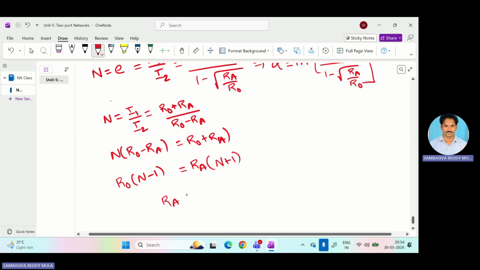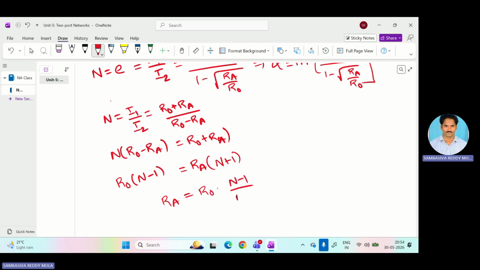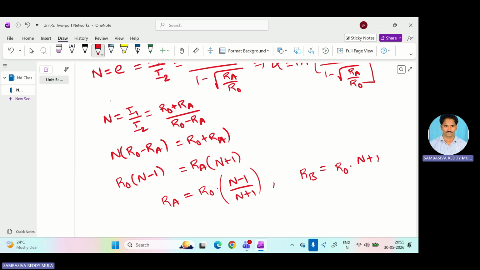So RA is R naught into N minus 1 by N plus 1. Similarly, we can represent RB as R naught into N plus 1 by N minus 1. Here N is greater than 1. So these equations can be used to find the equivalent lattice network for T and pi networks using the bisection theorem.